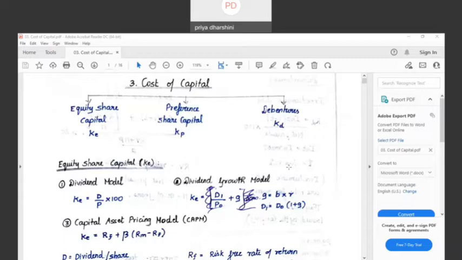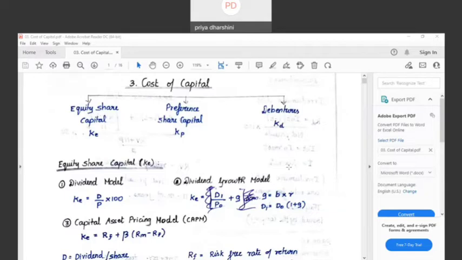In case of equity, they will be expecting equity dividend. In case of preference shareholders, they will be expecting preference dividend. In case of debenture holders, they will be expecting interest. Such expectations of investors become the cost to the company, right? So we have cost of equity, cost of debt, and cost of preference shares.